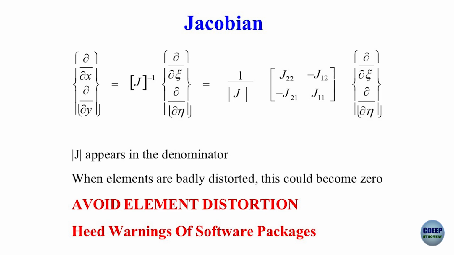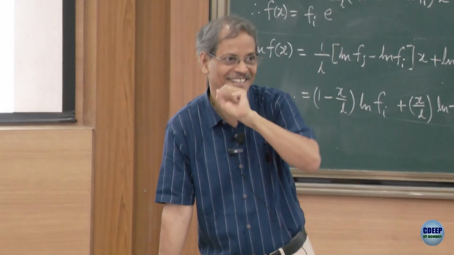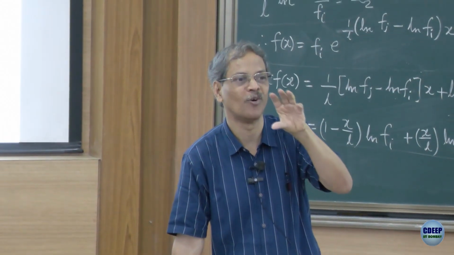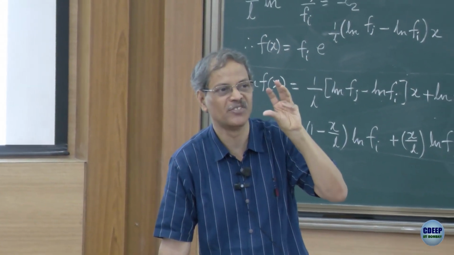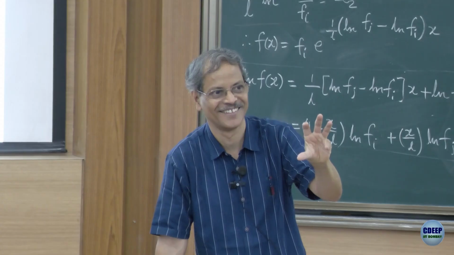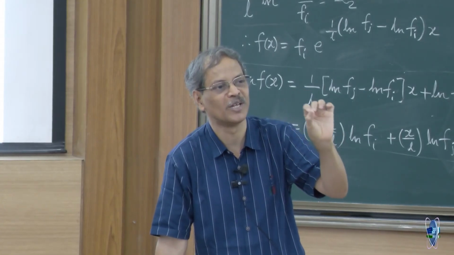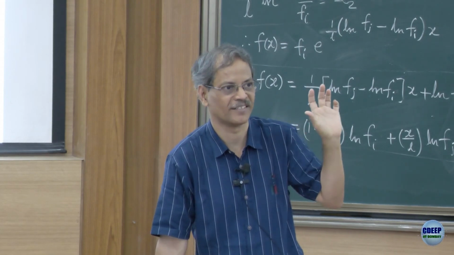So, what I notice is that the determinant of Jacobian appears in the denominator. If you have chosen x1, y1, x2, y2, x3, y3, x4, y4 in such a way that the element shape is distorted, the determinant of Jacobian could become a nuisance factor.